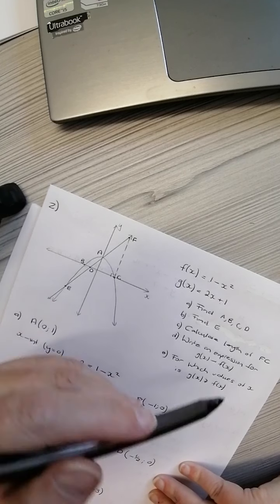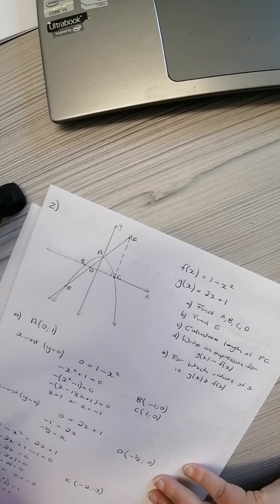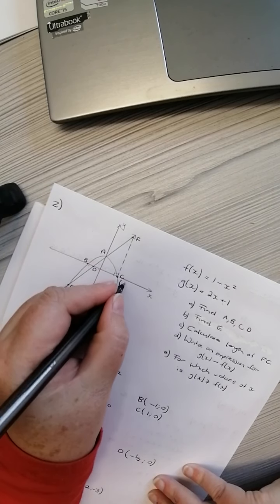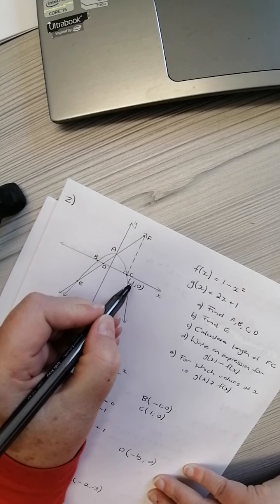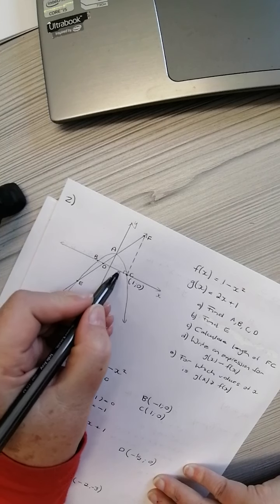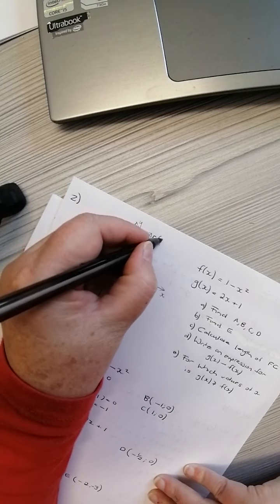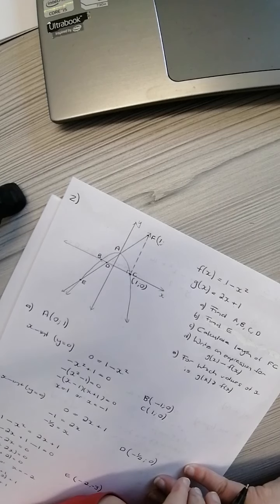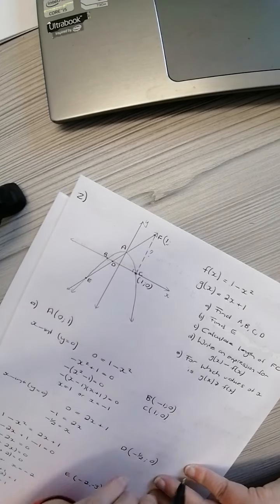Now the only information that we have is that C here was 1, 0. So we know that the x is 1. That distance there is 1. So this one, the x is also going to be 1. But we don't know what the y is. We don't know what that is.